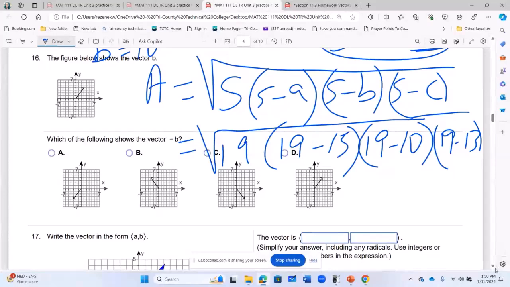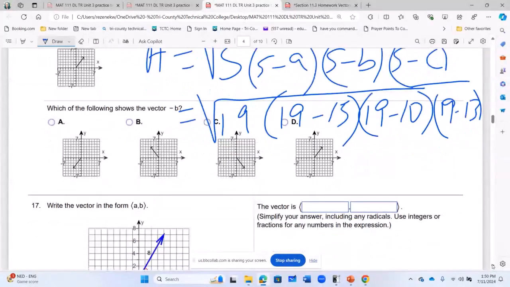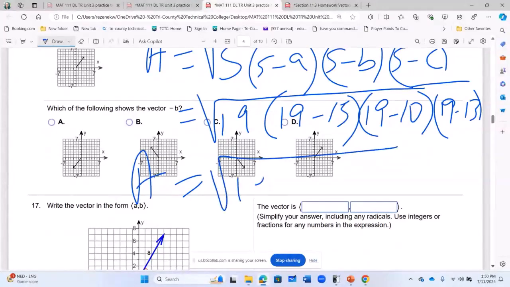I can put all of them in or just finish simplifying them. So the area by Heron's formula is going to be 19 multiplied by 19 minus 15 which is 4, 19 minus 10 which is 9, and 19 minus 13 which is 6.